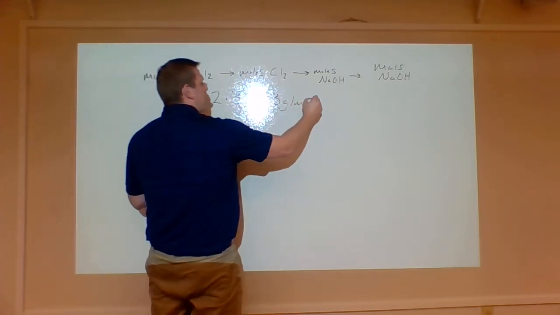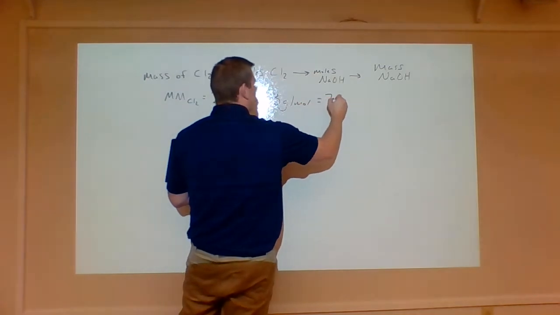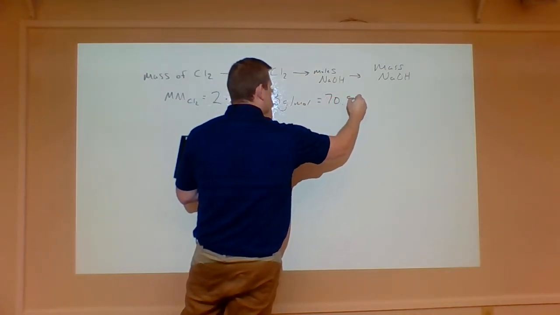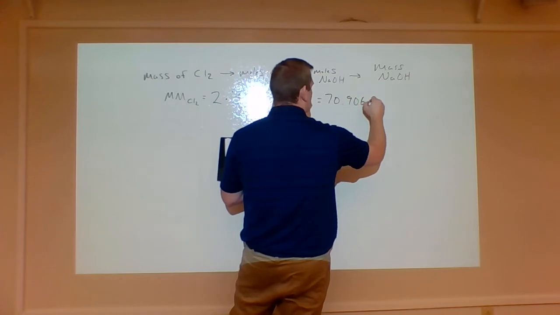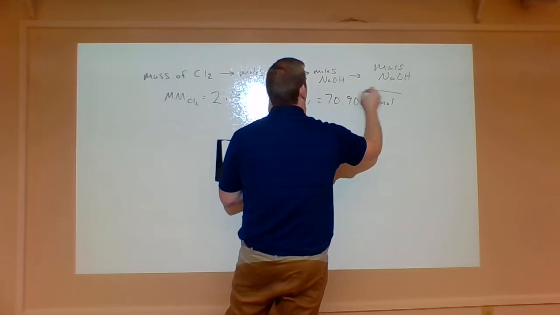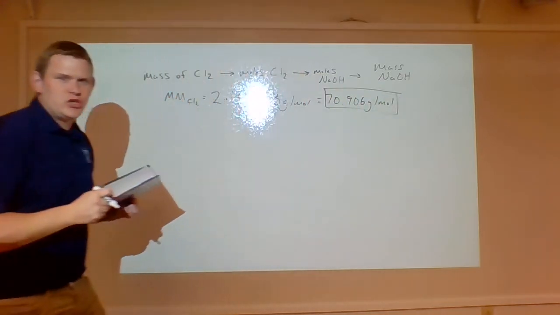So if we plug that into the calculator, we get an answer of 70.906 grams per mole for Cl2.